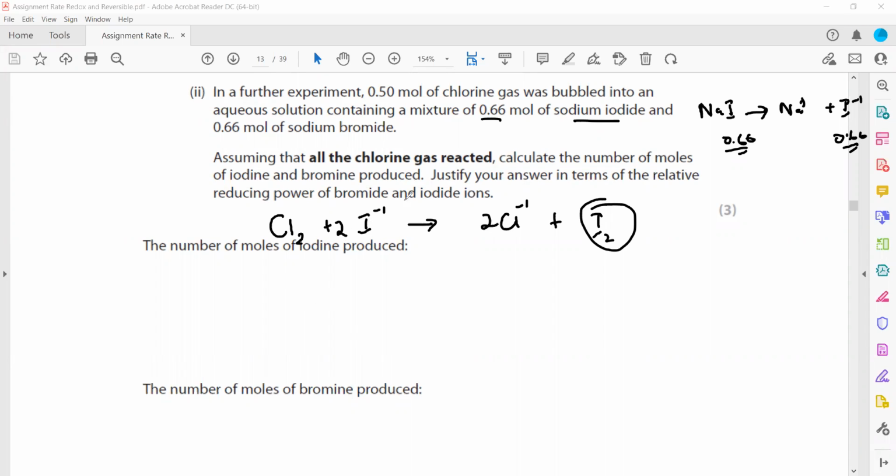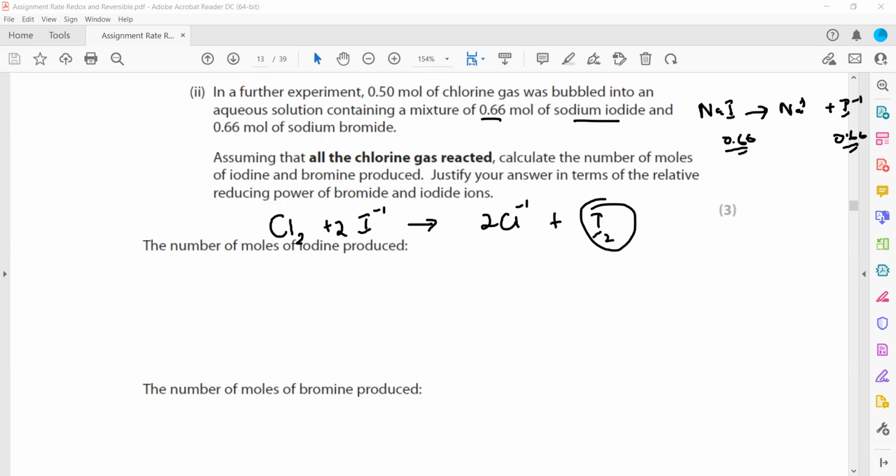Whenever you're finding a product, you always find it from the limiting reagent. We can take the ratio between chlorine and iodide to find how many moles of chlorine will react, and from that we can work out how many moles of iodine molecule are produced.